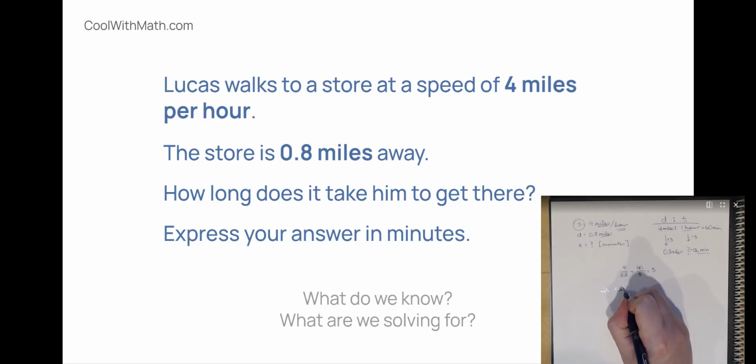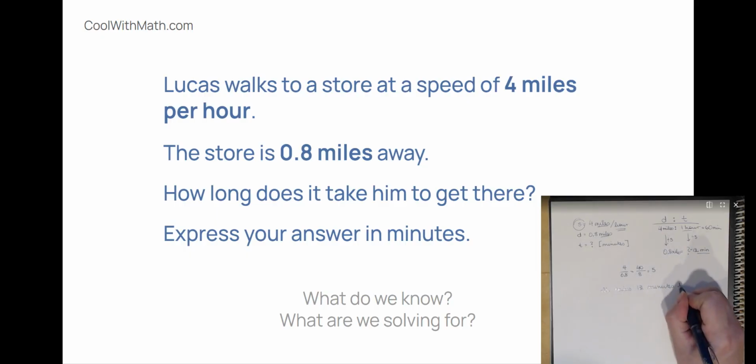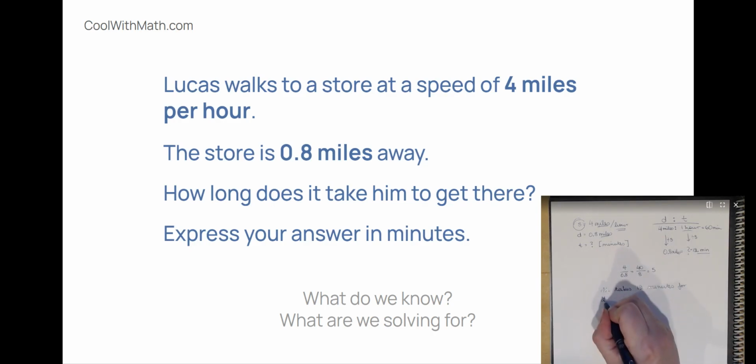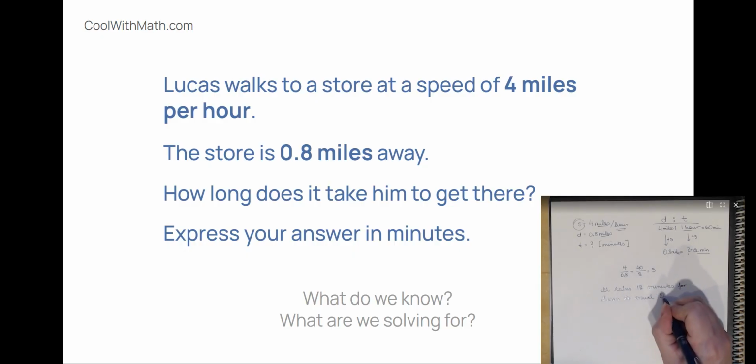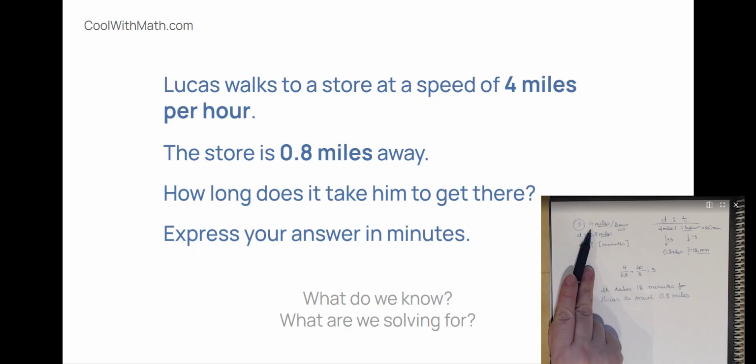It takes 12 minutes for Lucas to travel that 0.8 miles. Now before we're done, we need to double check. Does this make sense? Well, 0.8 is a lot less than 4 miles.